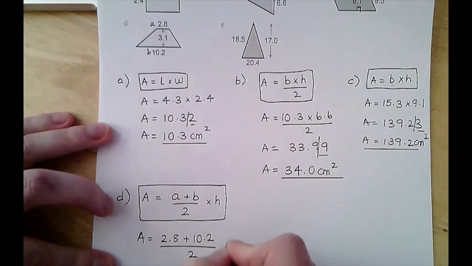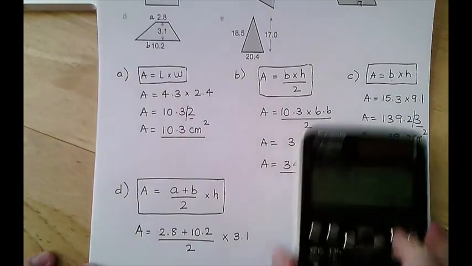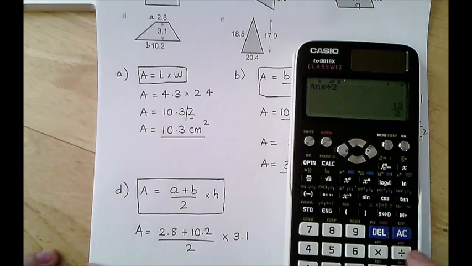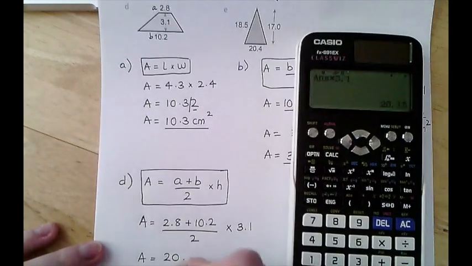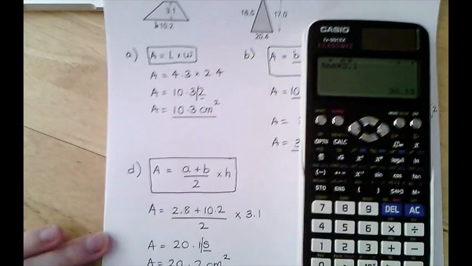I'm going to halve that and then times it by the height, which is 3.1. Using my calculator, 2.8 plus 10.2 equals, divide that by 2 and then times by 3.1. That gives you 20.15, or to one decimal place, the area is 20.2 centimetres squared.